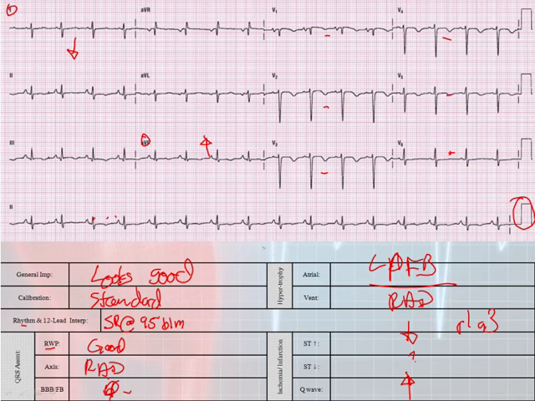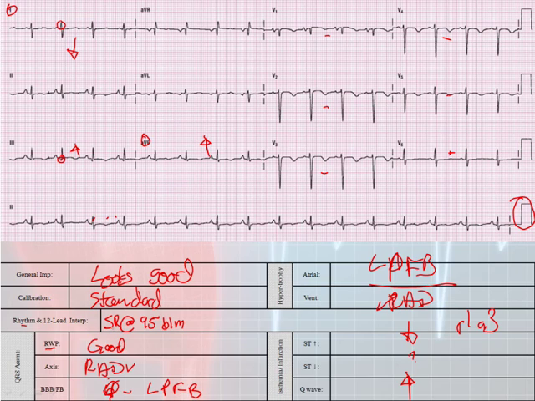Let's see if we have all that criteria. We do have a right axis deviation. We do have lead 1 pointed down, 2 pointed up, 3 pointed up. And we have an R wave in lead 1 and a Q wave in lead 3, giving us our R1 Q3. So we do have a left posterior fascicular block.